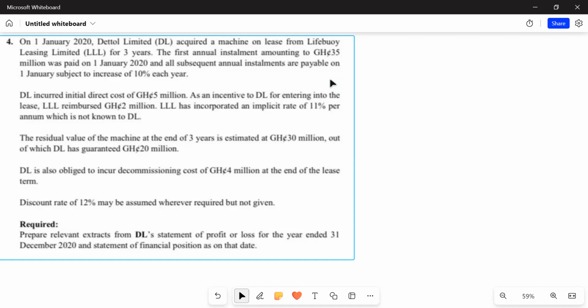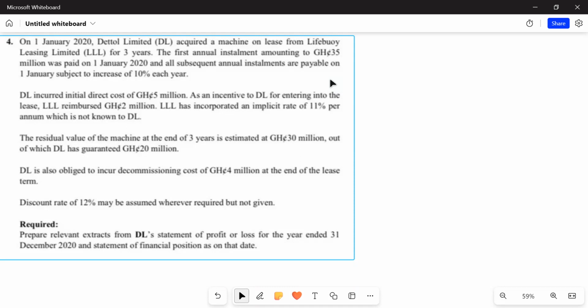DL incurred initial direct cost of 5 million. As an incentive to DL for entry into the lease, LLL reimbursed 2 million.